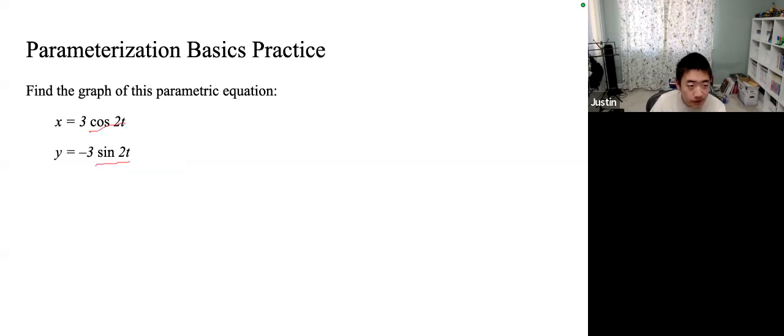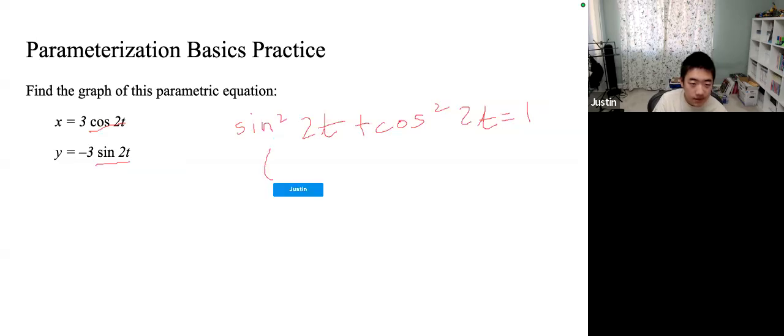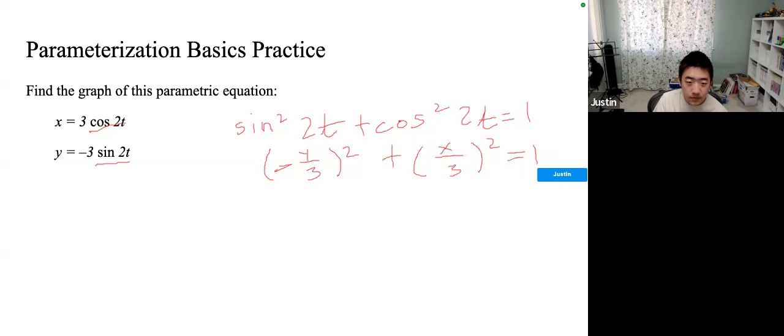And if you recall, we have the trigonometric identity, sine squared of 2t plus cosine squared of 2t equals 1 for any angle 2t, which means we can now substitute in terms of x and y. So sine 2t will be negative y over 3 squared plus x over 3 squared equals 1.